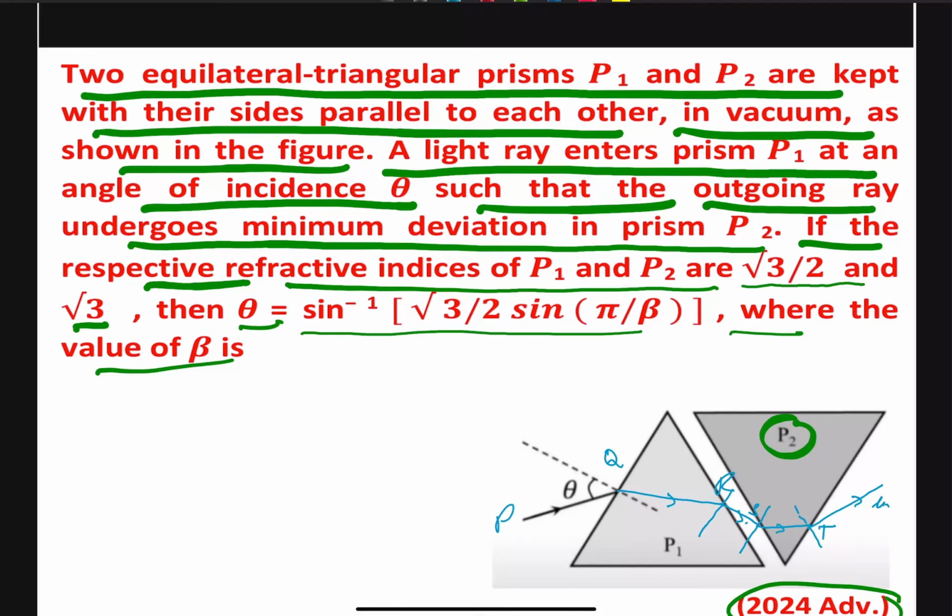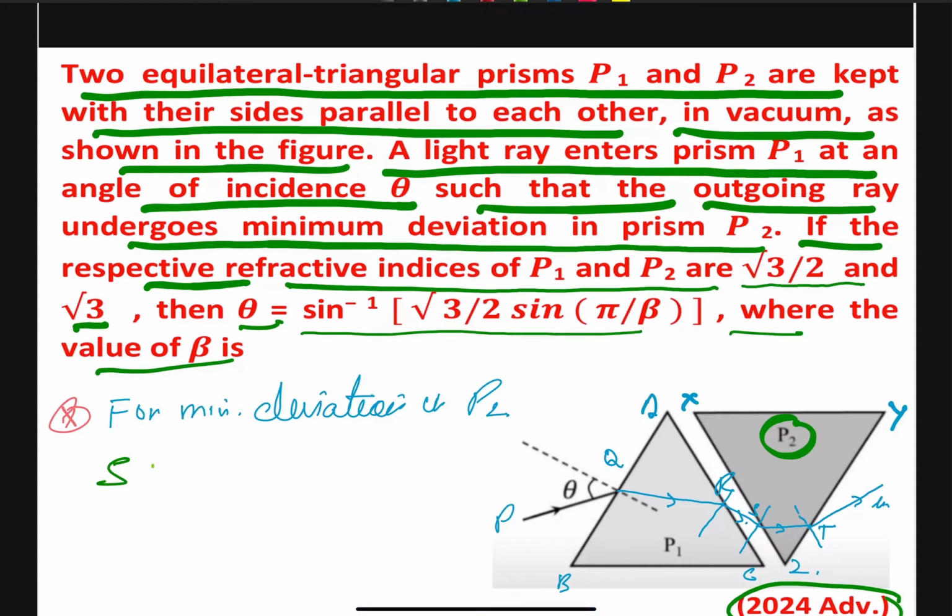So let's use the, okay, and here ST, let me call this A, B, C, and this is X, Y, and Z. So for minimum deviation in P2, ST should be parallel to XY, and all angles are of 60 degrees.